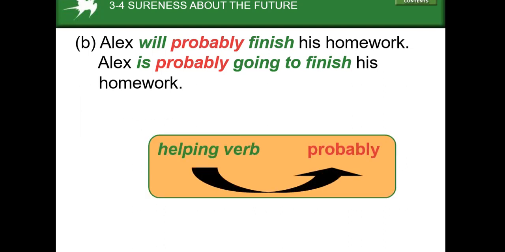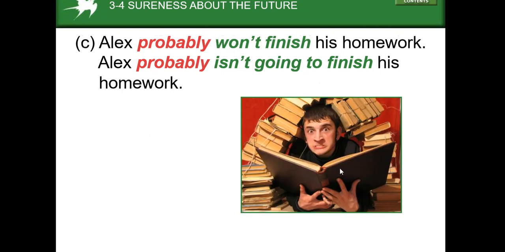Helping verb and probably. So what is the helping verb? The helping verb is will or is, plus the word probably. Now look at this. Alex probably won't finish his homework.